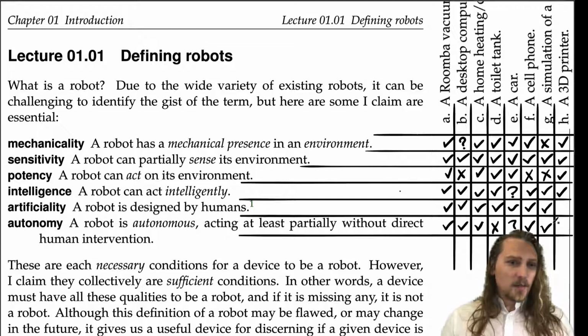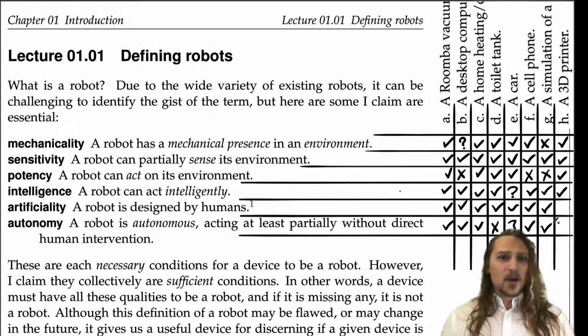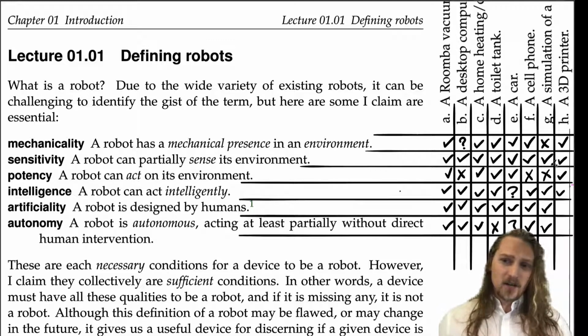I would say the 3D printer's intelligence is kind of marginal. If you've ever used a 3D printer and had something go wrong, it isn't always good at catching that. So I would say maybe a half check mark, a minimal check mark there.